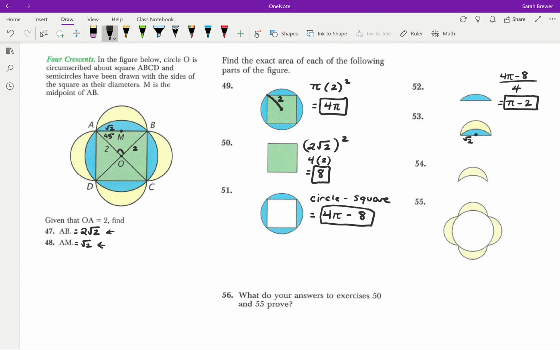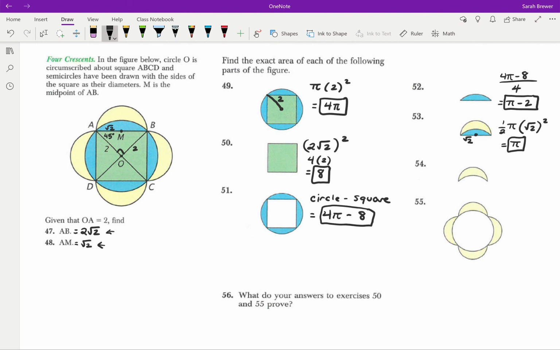So the area of a semicircle is going to be half of pi times the radius squared. If I square the square root of 2, I get 2. A half of 2 is 1. And so this is just pi.